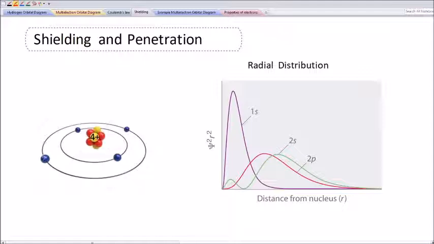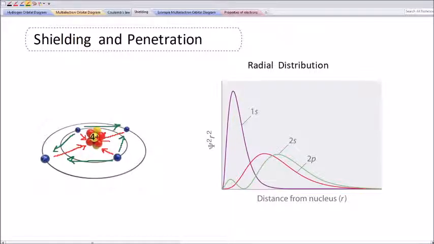So you have an attraction force here attracting towards the nucleus, and here as well. But then you have an opposing force, a repulsion from the electrons that are in the lower energy level.